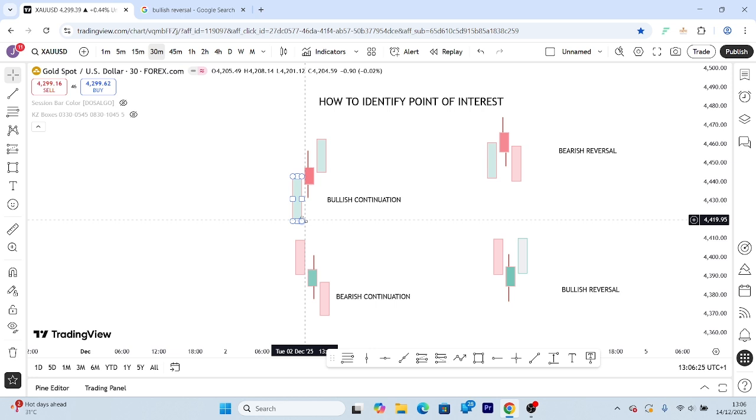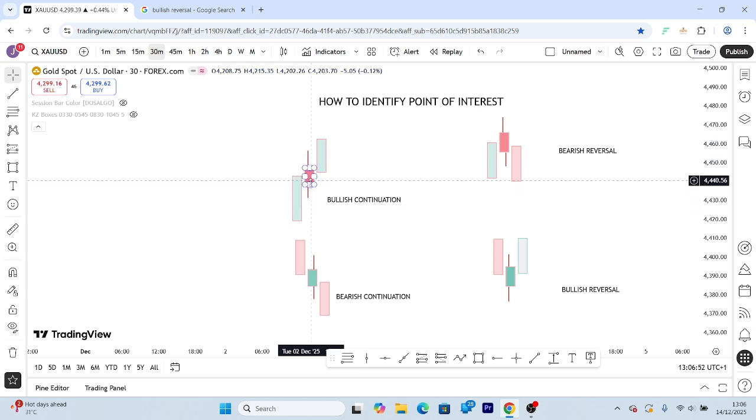The first candle in most cases is a very long candle, right? Then the second candle, which is this one, has what I will call a consolidation or market indecision. Then the third candle will have a long spike.